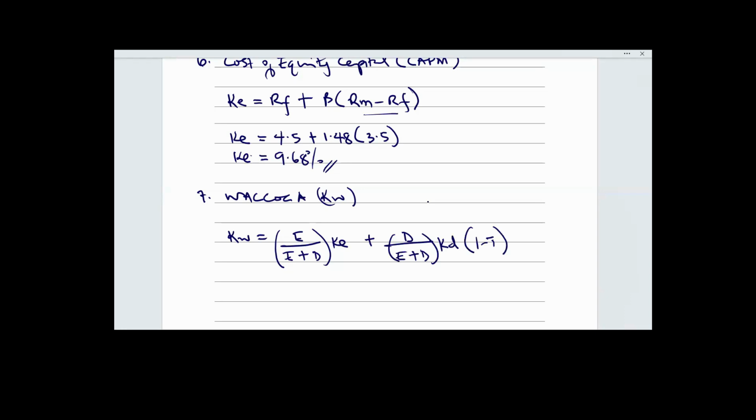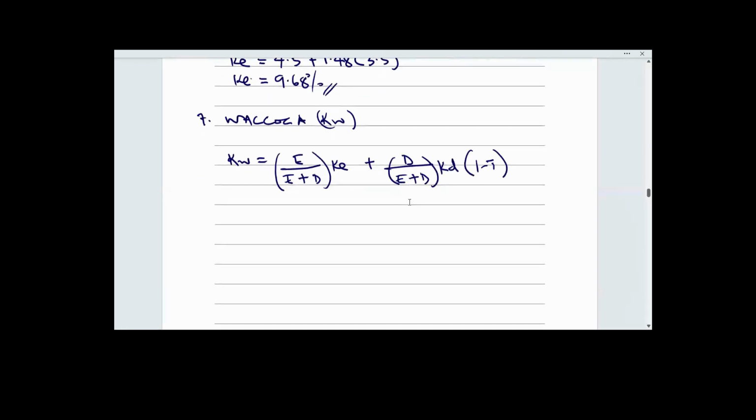All of that multiplied by 100%. Therefore, WACC equity value, debt is 30%, equity is 70%. I would just do 0.7, or I just do 70 over 100. If you are doing 70 over 100, it's a waste of time. It's the same thing as 0.7. But for simplicity, let me just say 70 over 100.